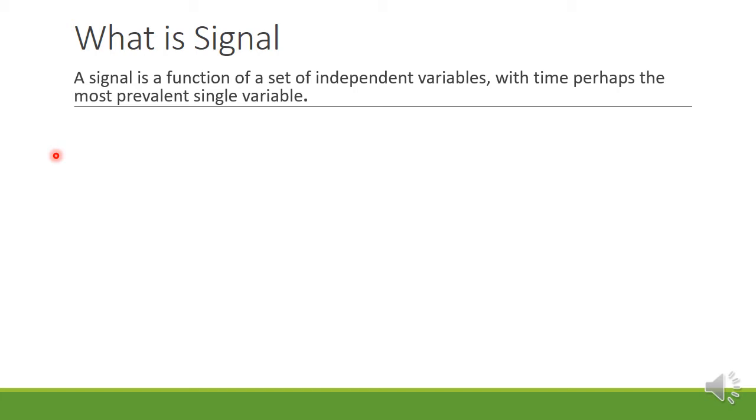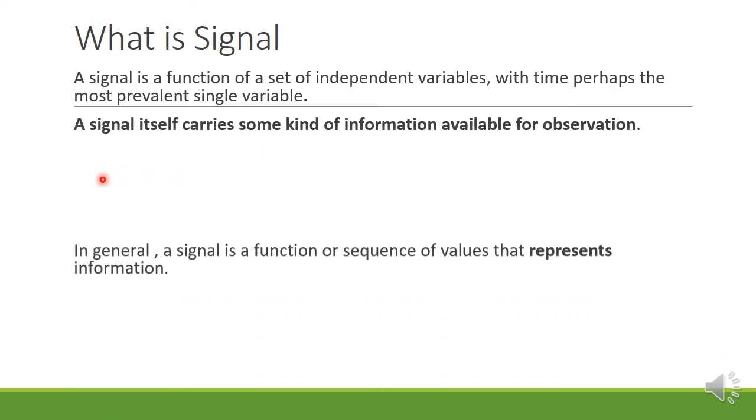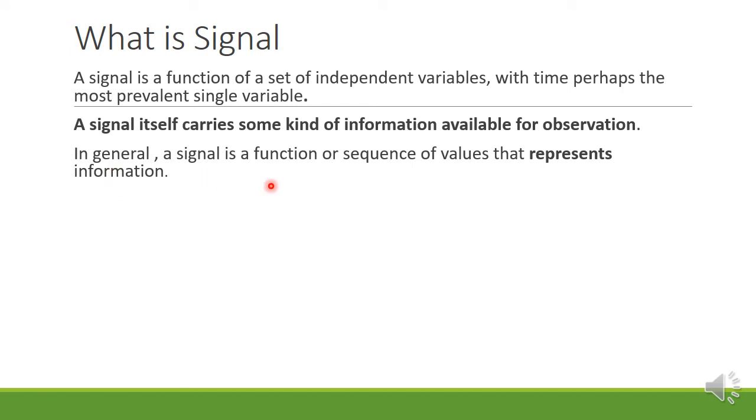One simple way is that it carries information. For example, whatever you are hearing, my voice, and whatever you are seeing here, this is nothing but a signal. In a systematic manner, a signal itself carries some kind of information available for observation. Another way is, in general, a signal is a function or a sequence of values that represents information.